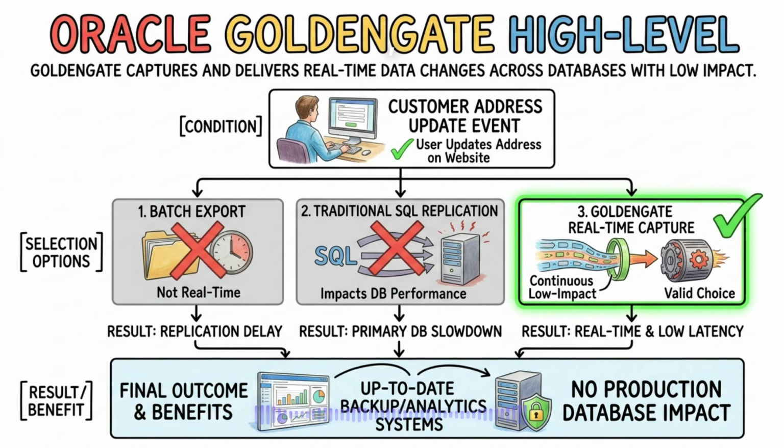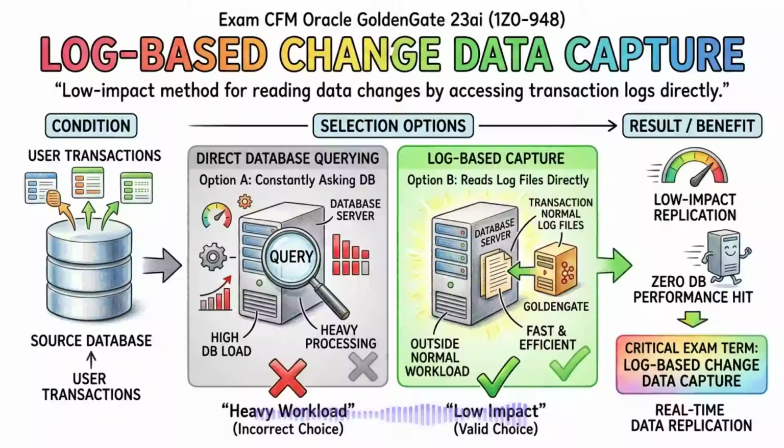On the exam, you will be tested on how this continuous, low-impact replication is achieved. The secret to this low-impact replication lies in how GoldenGate reads data. Instead of constantly asking the database for updates, which requires heavy processing power, GoldenGate quietly reads the database transaction logs.